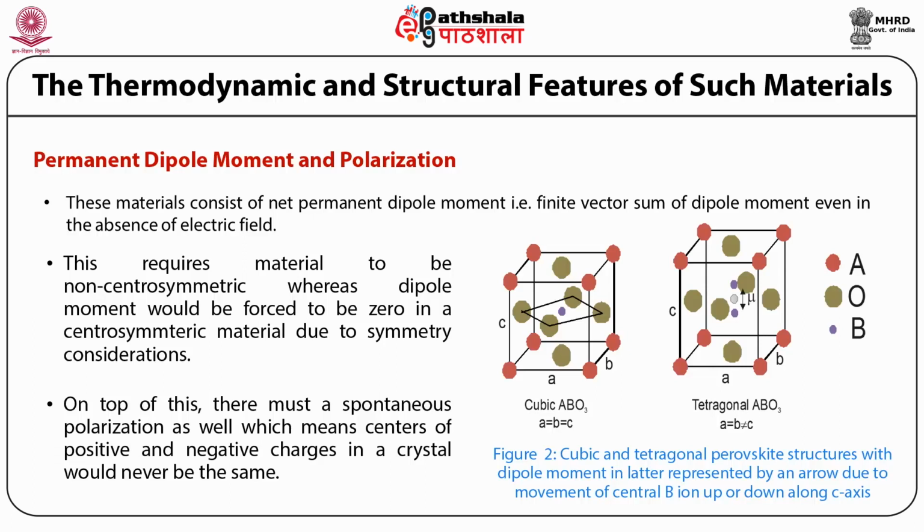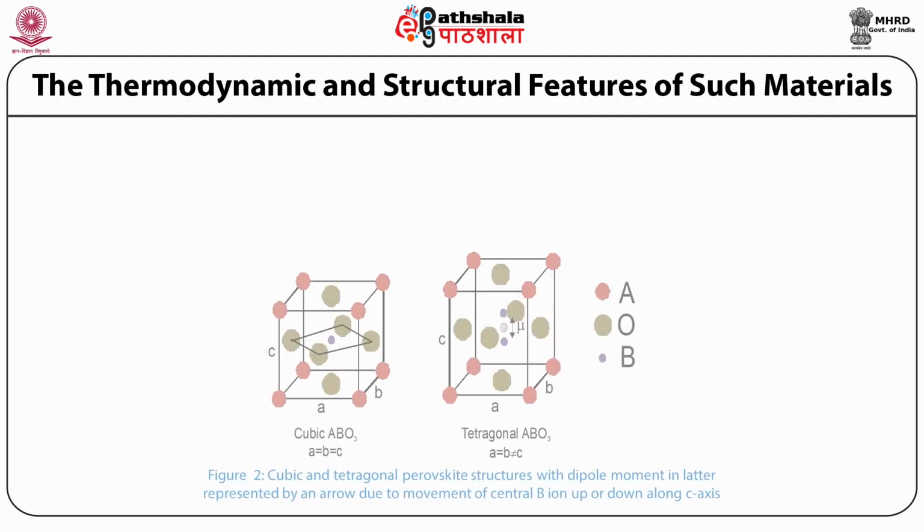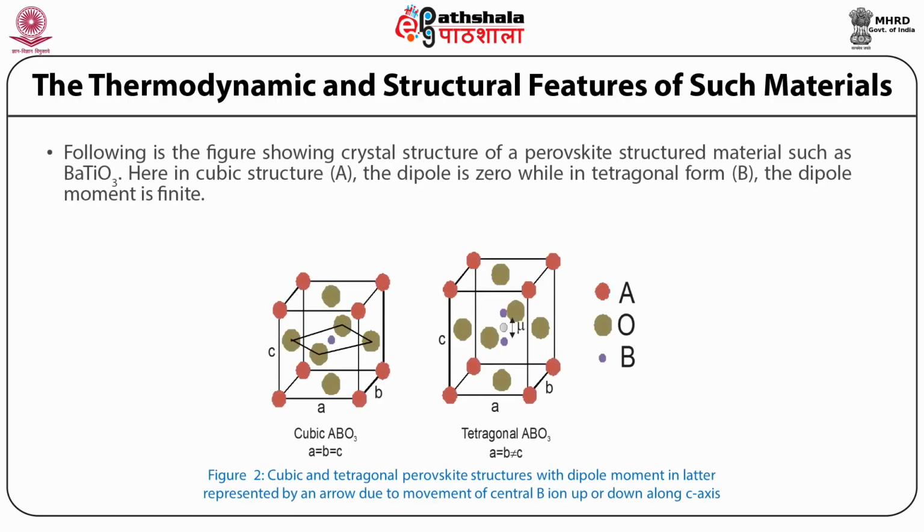Students, you can see the structure of cubic and tetragonal perovskites with the dipole moment represented by an arrow due to the movement of the central B ion up or down along the c axis. In this figure, the crystal structure of a perovskite material such as BaTiO3 is shown.